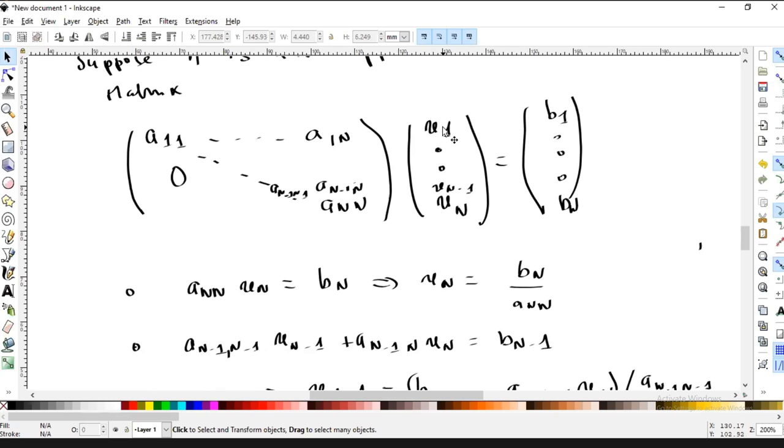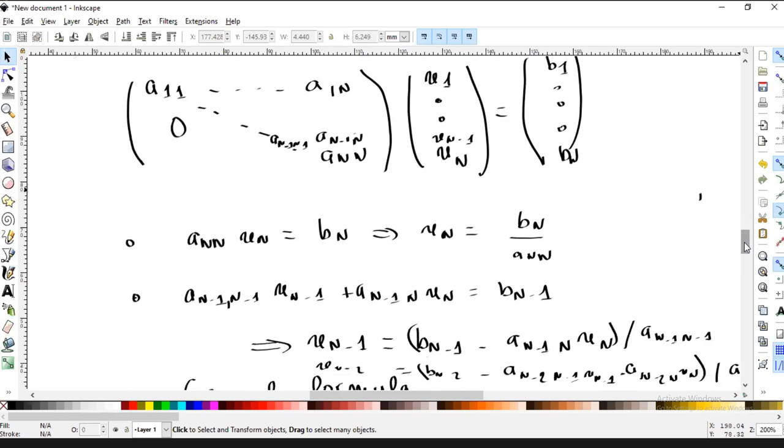For x2 you will use x1, so j goes from 1 till i minus 1, just 1. For x3 you will use x1 and x2, so it will go from 1 till 3 minus 1, till 2.